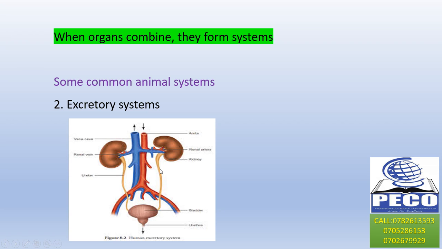Then you have 4 organs that actually make up this system in the boys. And then in the girls, what do you have that will make the system qualify to be a system? The fact is, as you talk about the excretory system, think about the organs that make up the excretory system. There should be more than one.